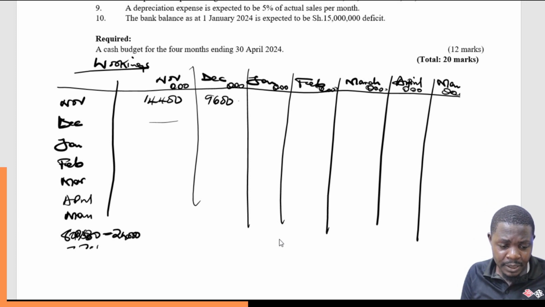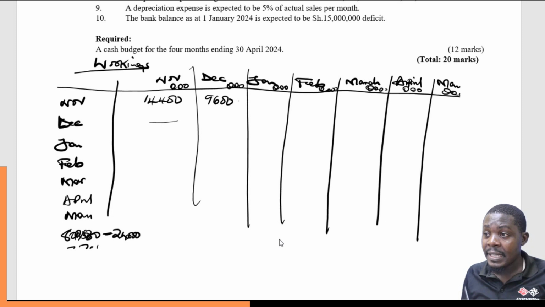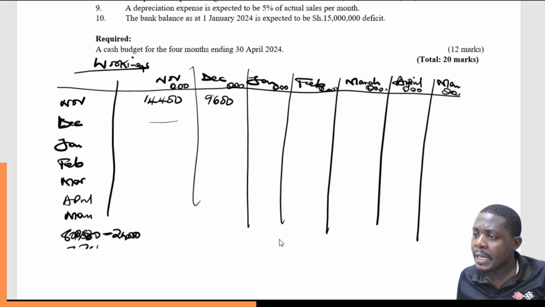We do the same for December. That is 1,000. We are multiplying by 30, we get 30,000. 60% of 30,000, that's 0.6 multiplied by 30,000, we have 18,000 was paid cash in December.